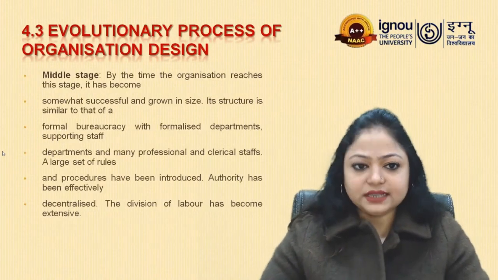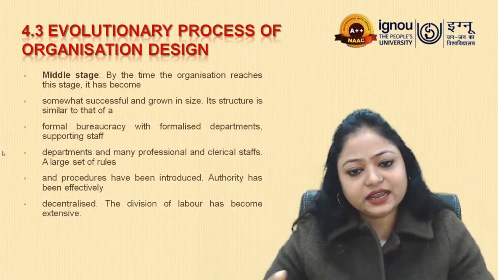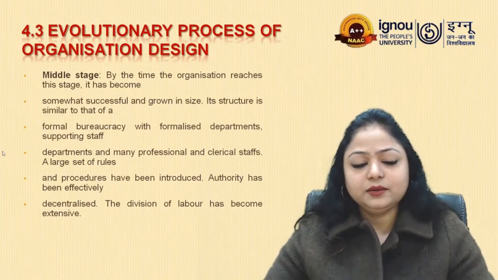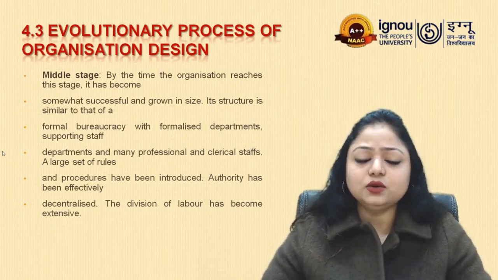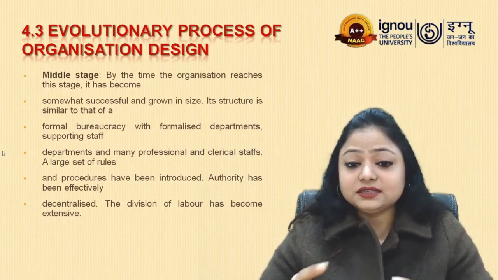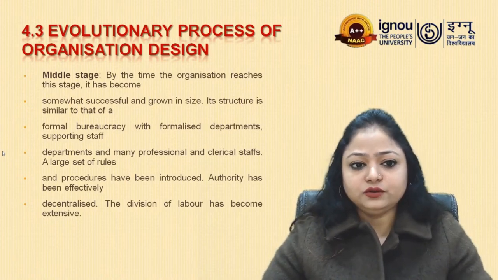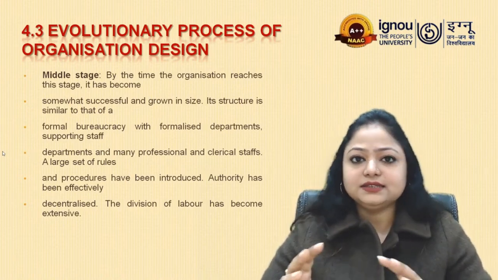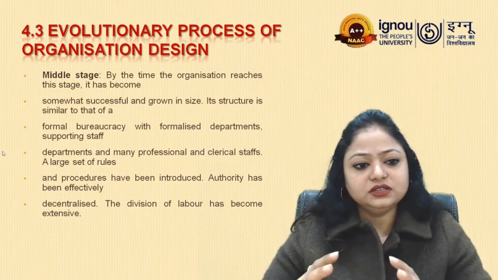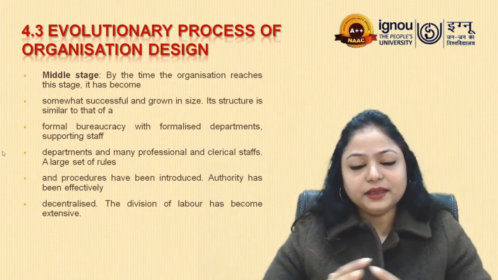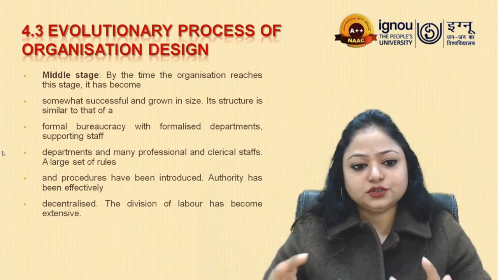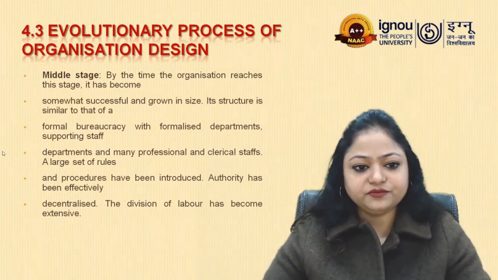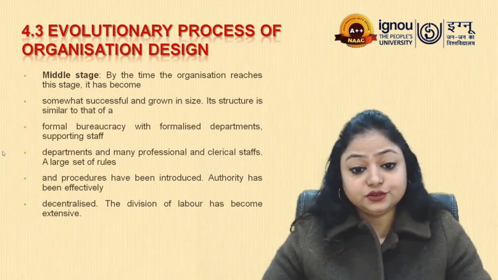Then comes the middle stage. By the time the organization has reached the middle stage, it has become somewhat successful and has grown in size. Its structure is similar to a formal bureaucracy, with formalized departments, supporting staff, many professional and clerical staff, and a large set of rules and procedures to guide their day to day performance.